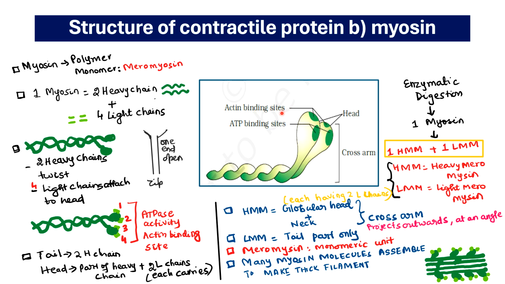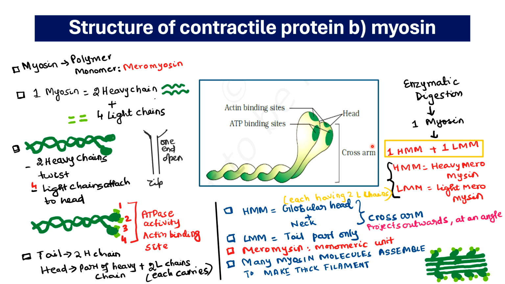There are two important regulatory sites. One is the actin binding site, another is the ATP binding site. So for each globular head, one actin binding site and one ATP binding site is present. And for a molecule of myosin, there are two actin binding sites and two ATP binding sites in total.